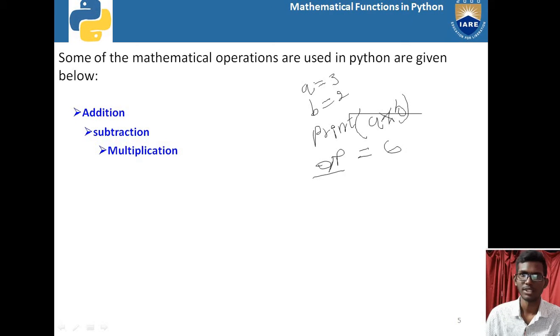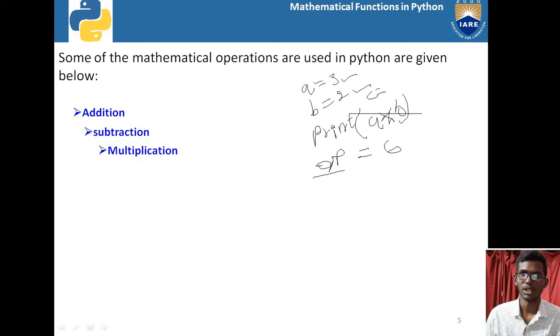We are assigning the result to another variable. In the example we are taking 3 as a and 2 as b, that means we are assigning 3 to a and 2 to b.